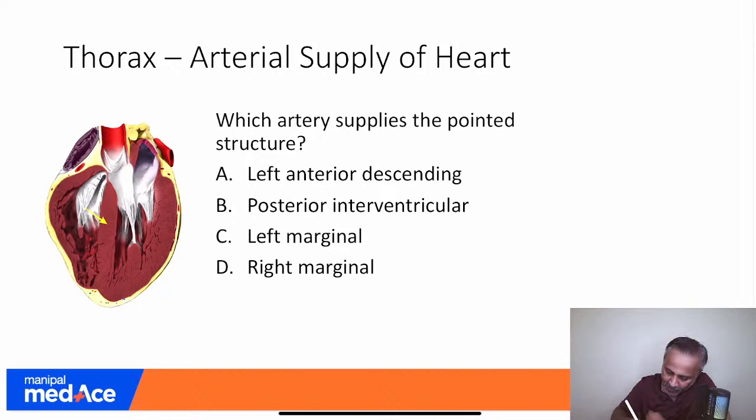So let's see if that is there in the options. We have the left anterior descending artery definitely. So this is the correct option. Let's see other options. You have the posterior interventricular artery also. But remember, the posterior interventricular artery supplies the posterior inferior 1/3 of the interventricular septum.